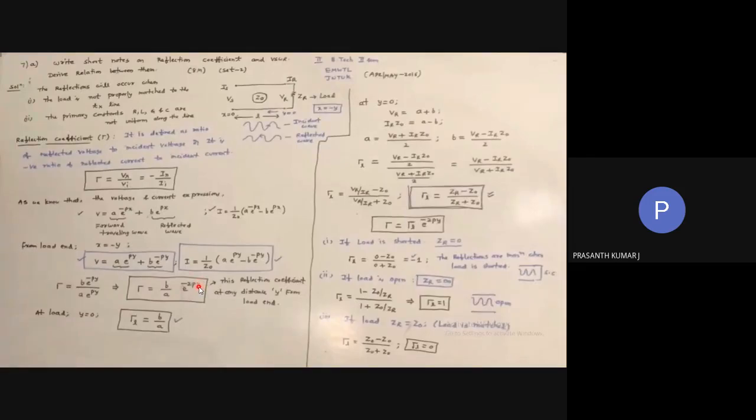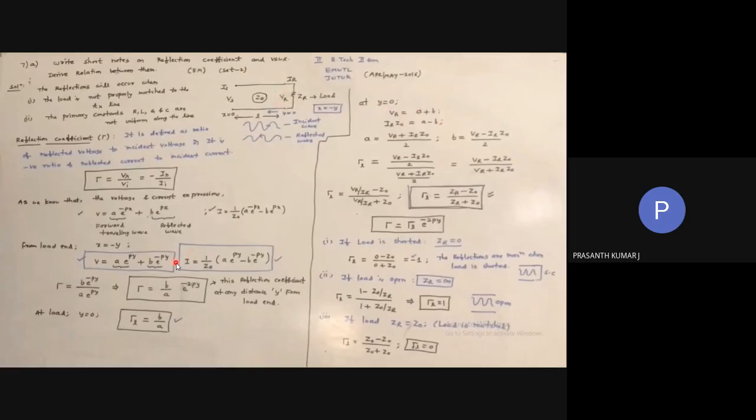Now we are calculating the reflection coefficient at the end. So at the end, at the load, what is the y value? 0. So substituting 0, this value becomes 1 and the reflection coefficient equals B by A. Now we want to find the values of small a and small b. At y equal to 0, what is the voltage?